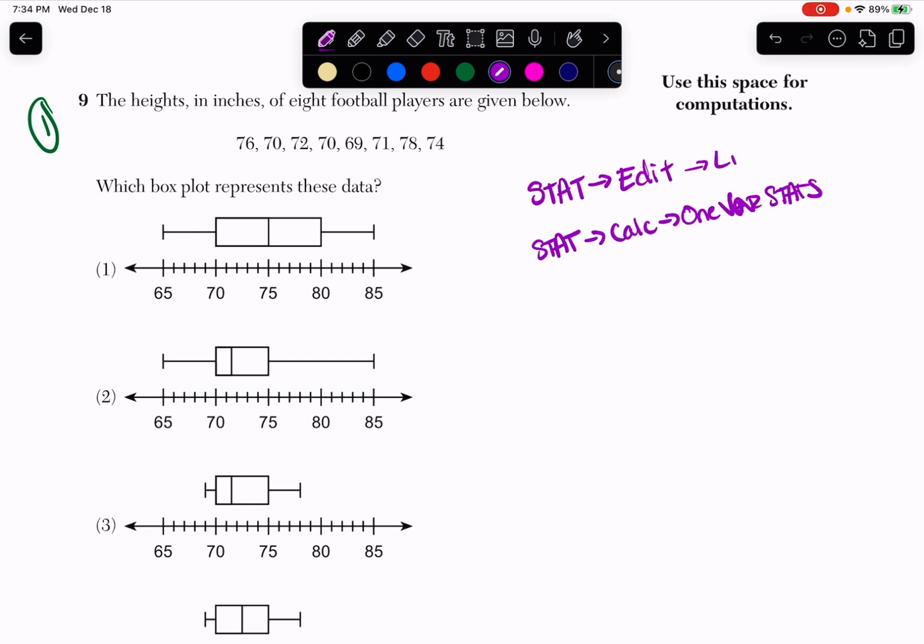If I scroll down to the bottom of that screen, it gives me my 5-number summary. My 5-number summary tells me my minimum is 69. My Q1 is 70. My median is 71.5. Q3 is 75. And my max is 78.